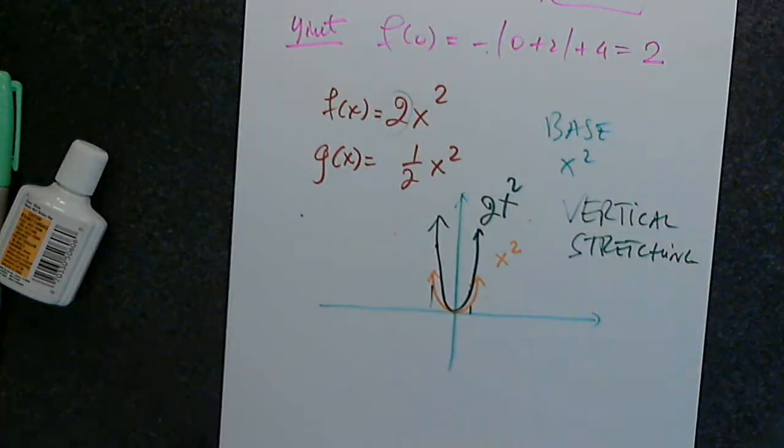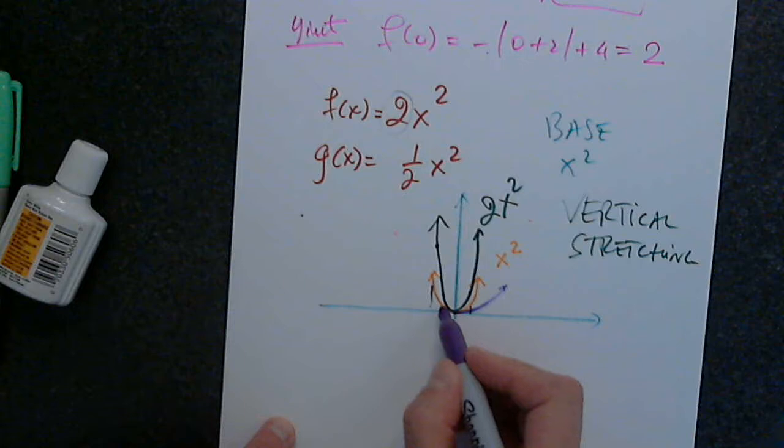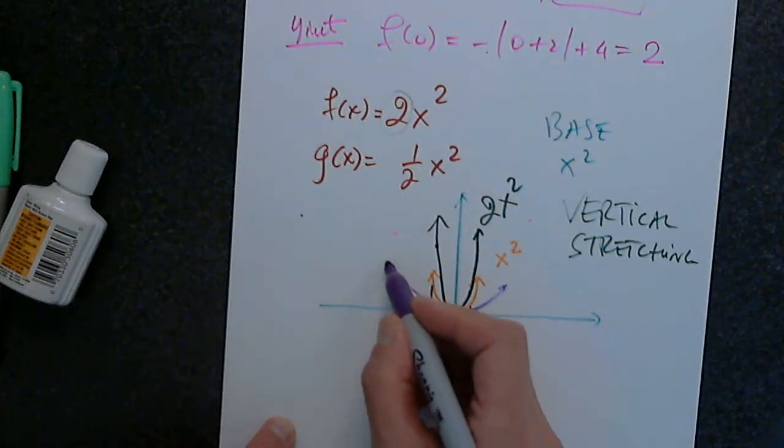What do you think this will do to the graph? Still a transformation on y, but what will it do? Shrink it. Yes. So this height gets halved. This one gets halved, and so on and so forth.